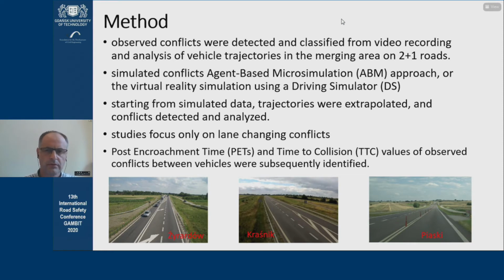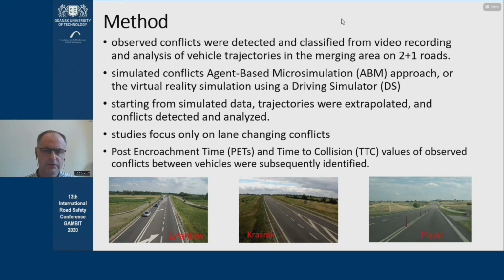So when it comes to conflicts, in each case we would extrapolate vehicle trajectories, and we use that to identify the intermediate measures for assessing road safety. And those were the typical measures, which is post-encroachment time, PET, which is the time it takes to get to the point where a collision could happen, and time to collision, TTC, which is a better indicator, because it helps to identify vehicle behavior, and whether the conflict would happen if the drivers change their behavior.